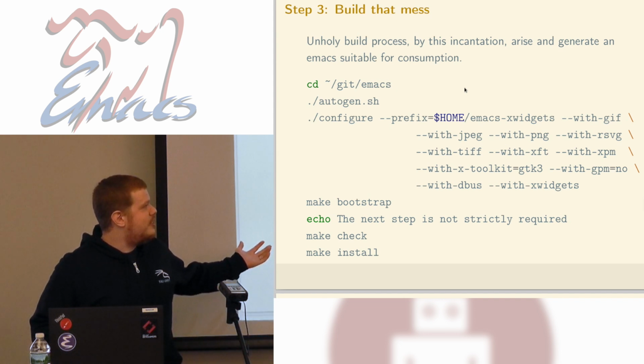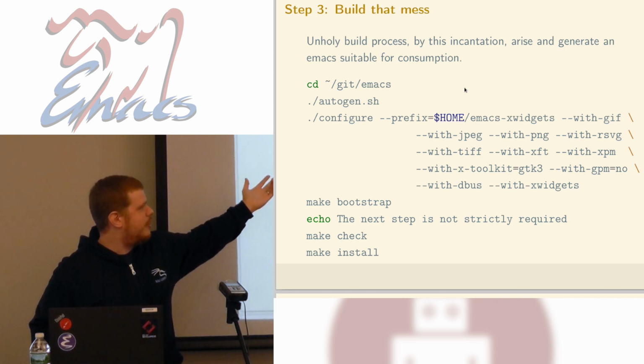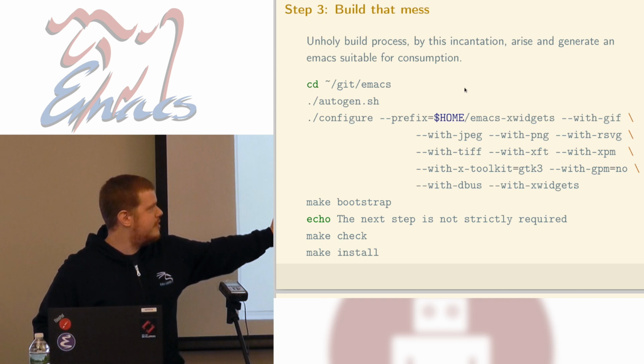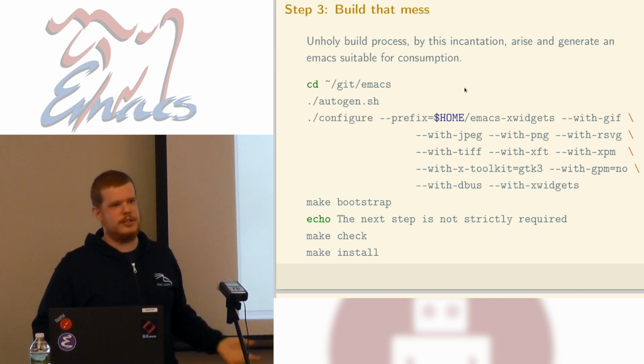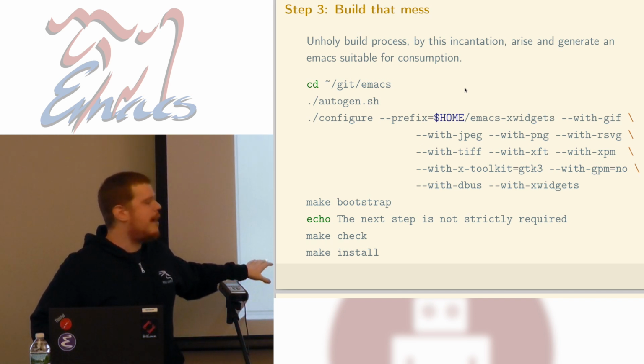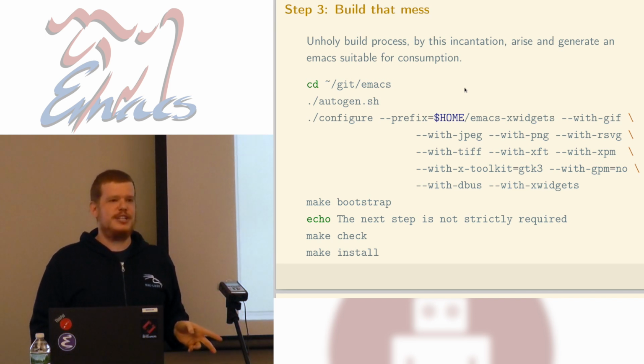Then build it. It's not too difficult. Just go in, run the autogen script, run the configure with all of these magic switches, make bootstrap. That's what really gives us our initial Emacs build. You don't have to do a make check. However, remember you're running bleeding edge.